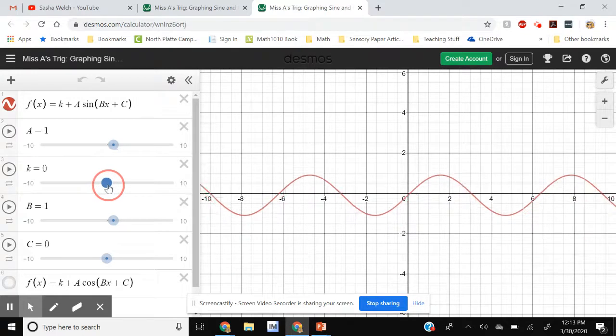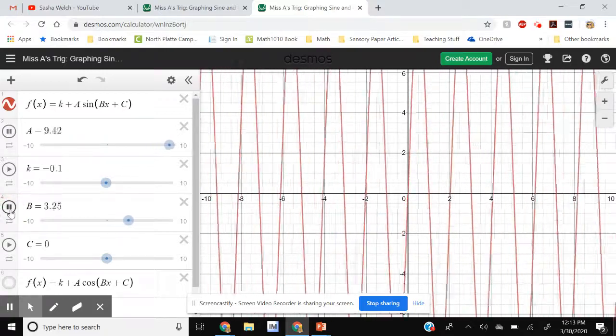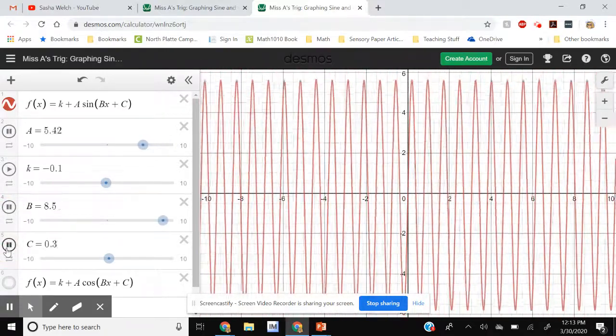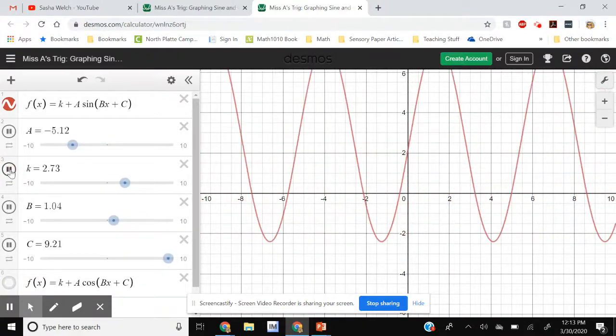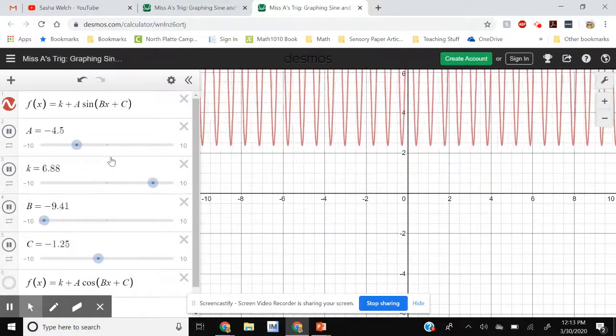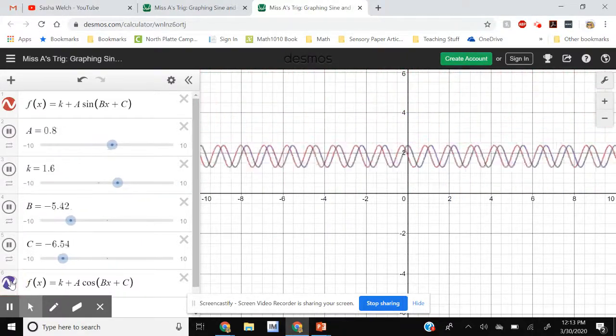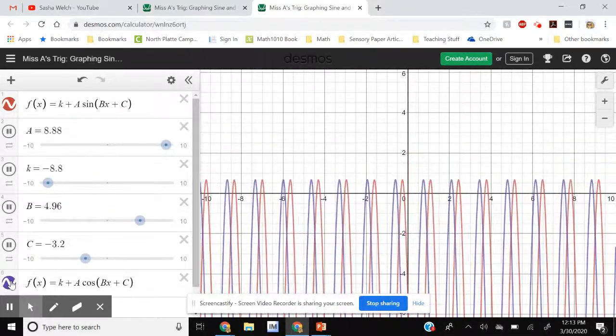So that's how those things change your graph. So a changes amplitude, b changes period, c moves it left or right, and k moves it up and down. So there's lots of ways to change it. And you can also change your cosine graph the same way. Cool.